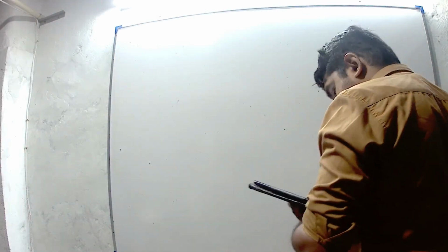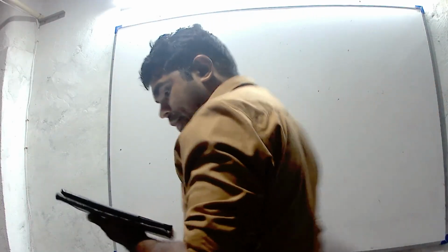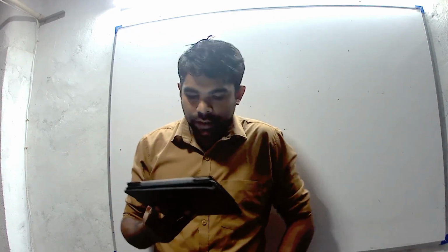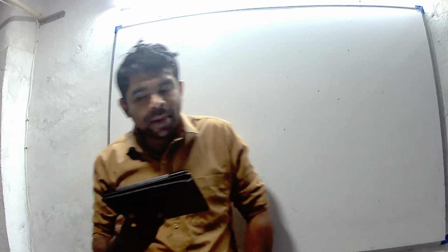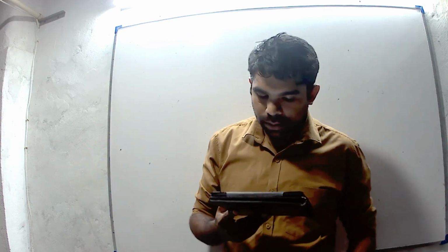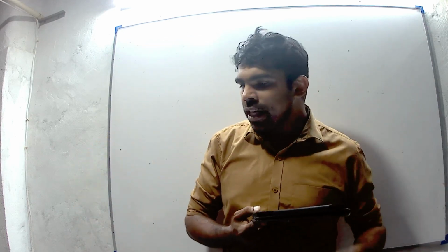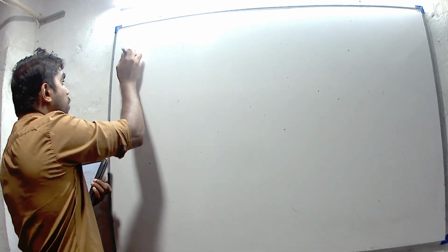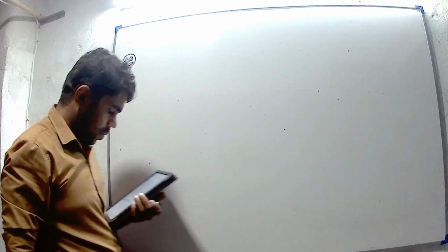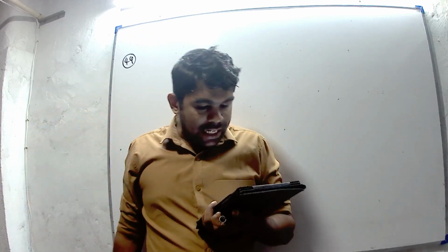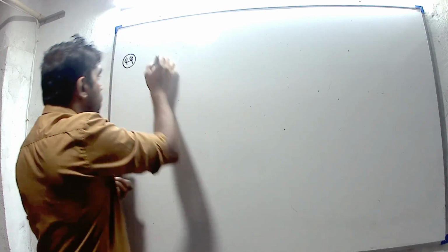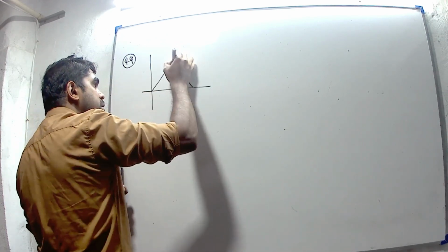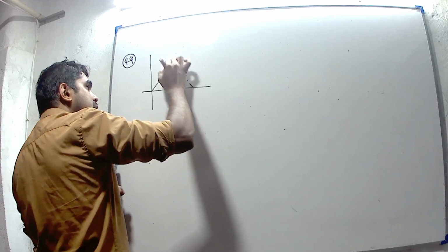They have given the force-time graph. We know that force into time is the change of momentum. Therefore, we can consider the change of momentum for the first 20 seconds as the area of this part.